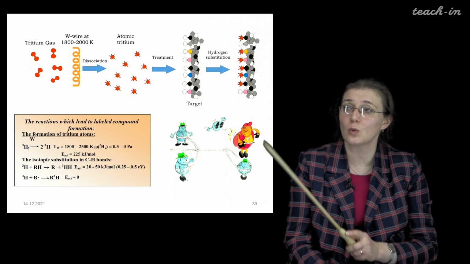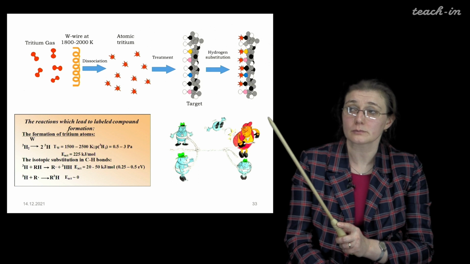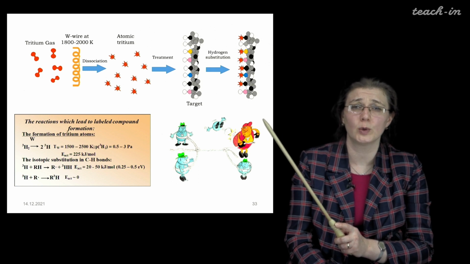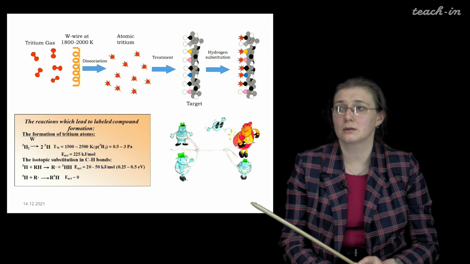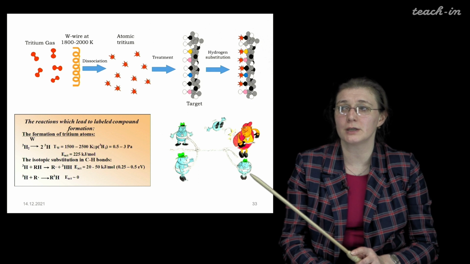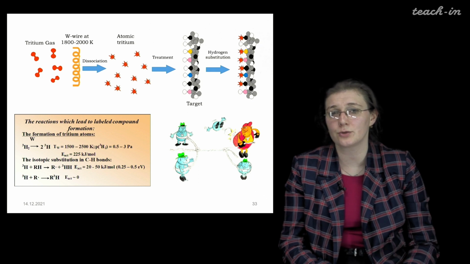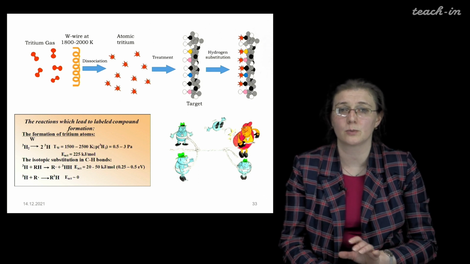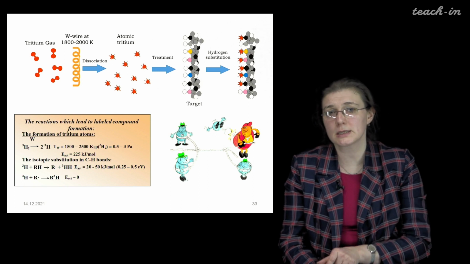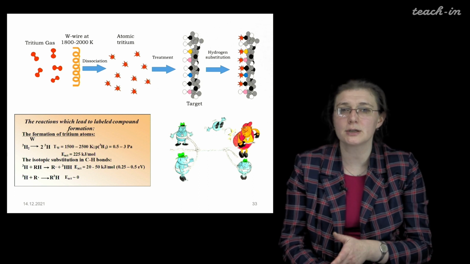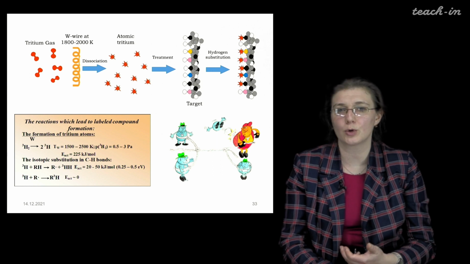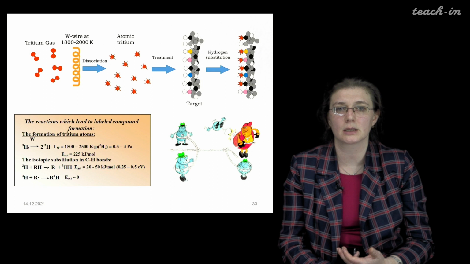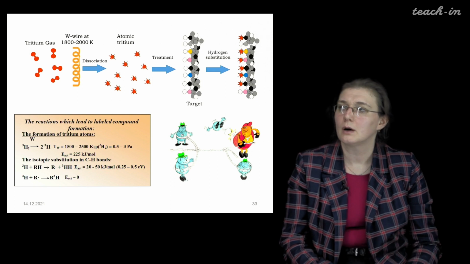And so we obtain a labeled compound in which tritium is in an unknown position, but it is very applicable for radiolabeling of different organic molecules, from simple ones like amino acids to huge macromolecules like proteins and sugars.